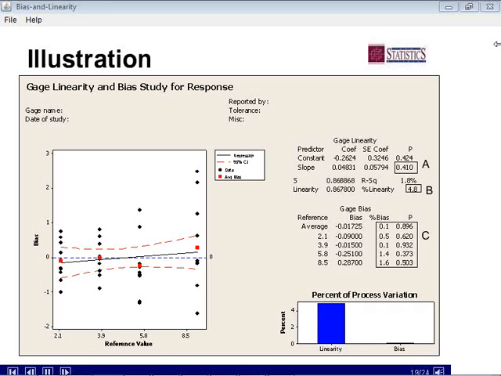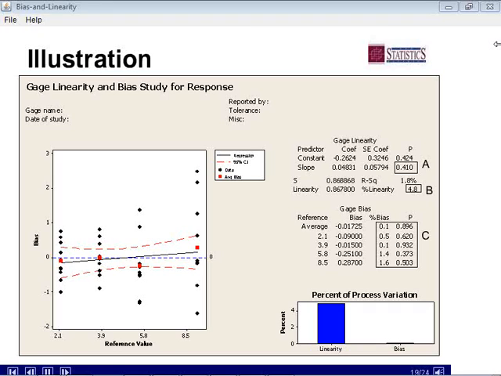Remember, I've labeled that A. That's the p-value saying whether or not you can reject your null hypothesis, which is that the slope equals 0. This p-value is so large, it's 0.4. This p-value is so large, we cannot reject that null hypothesis. The slope could basically be 0.